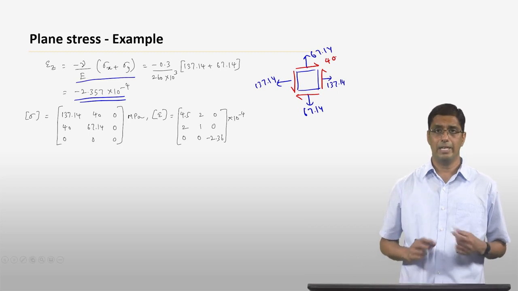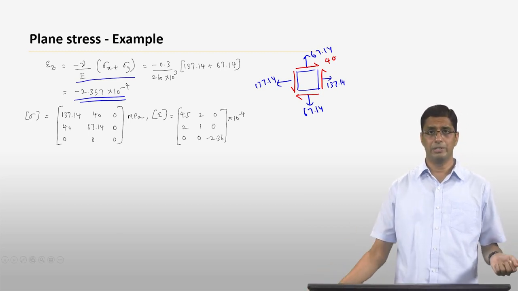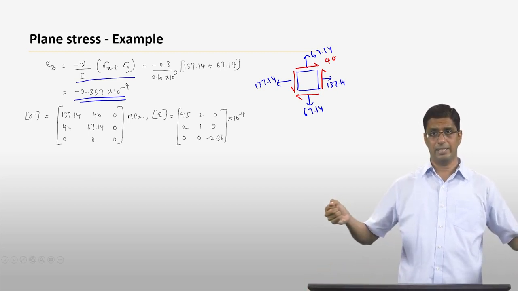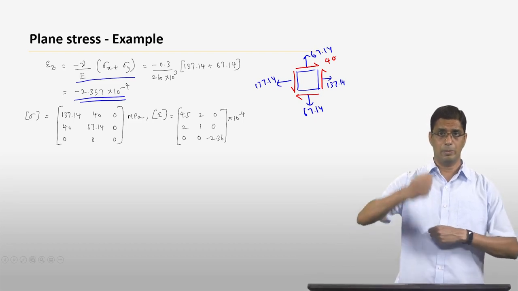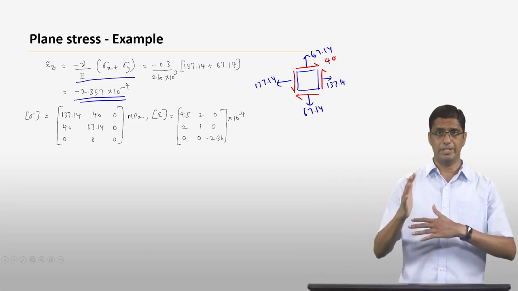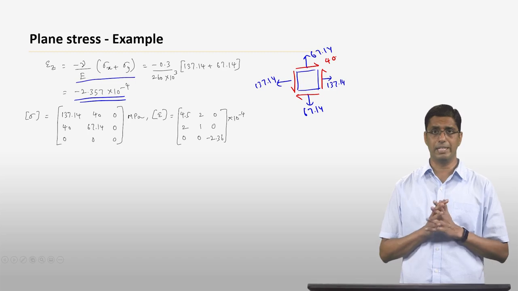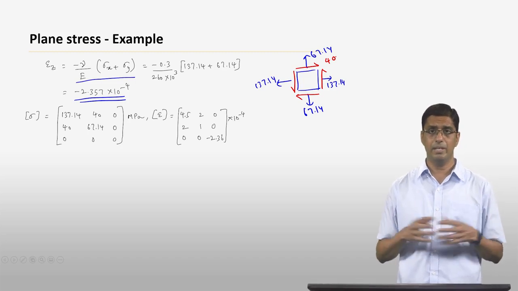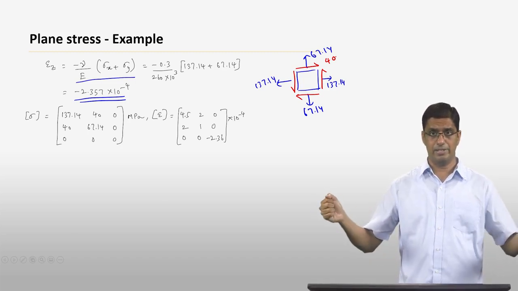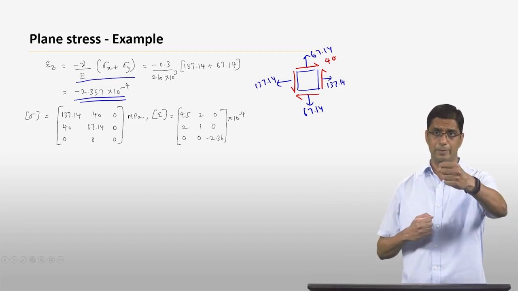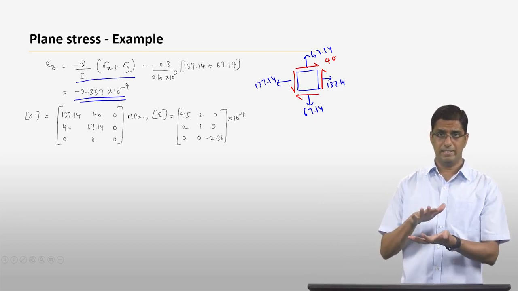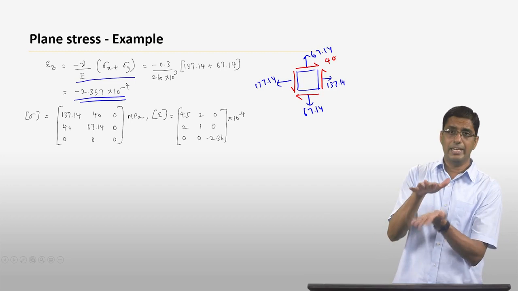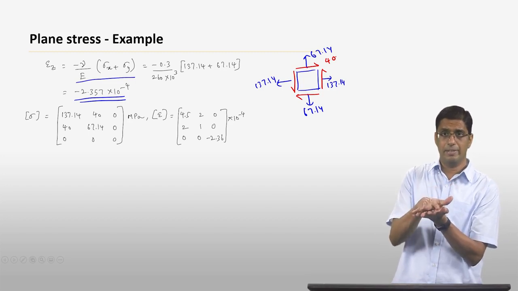Now if you think of this as a plate, you essentially are stretching it in the x direction, you're stretching it in the y direction, and you're also applying a shear. The shear doesn't matter for the z component of strain, but if you apply a stretch in the x direction and a stretch in the y direction, the plate or the element will essentially get squeezed or compressed in the z direction.